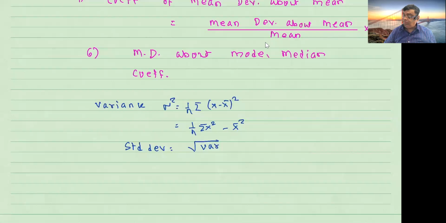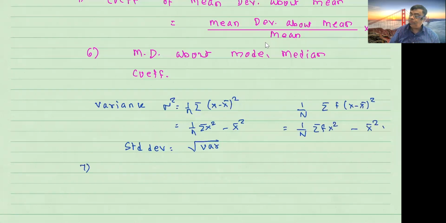But when frequencies are given, obviously this is 1 upon capital N into summation f into x minus x bar the square, or that is 1 upon capital N fx square minus x bar the square.